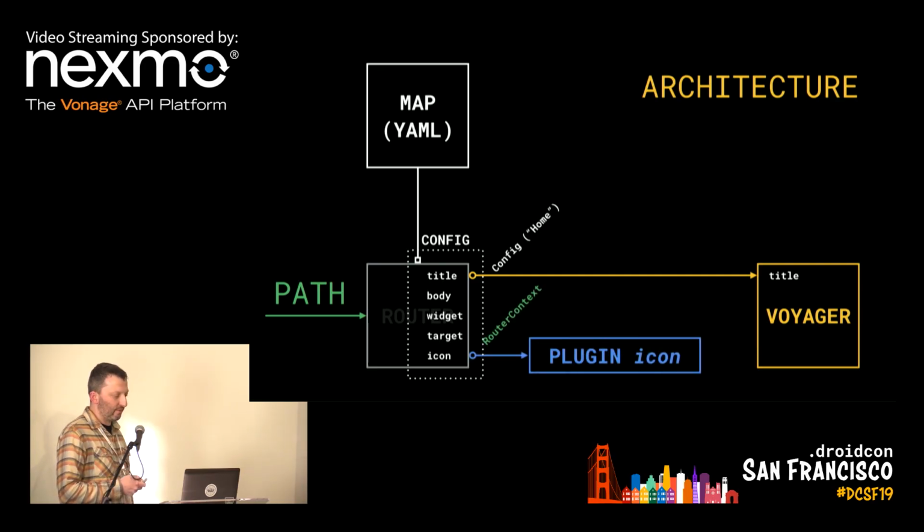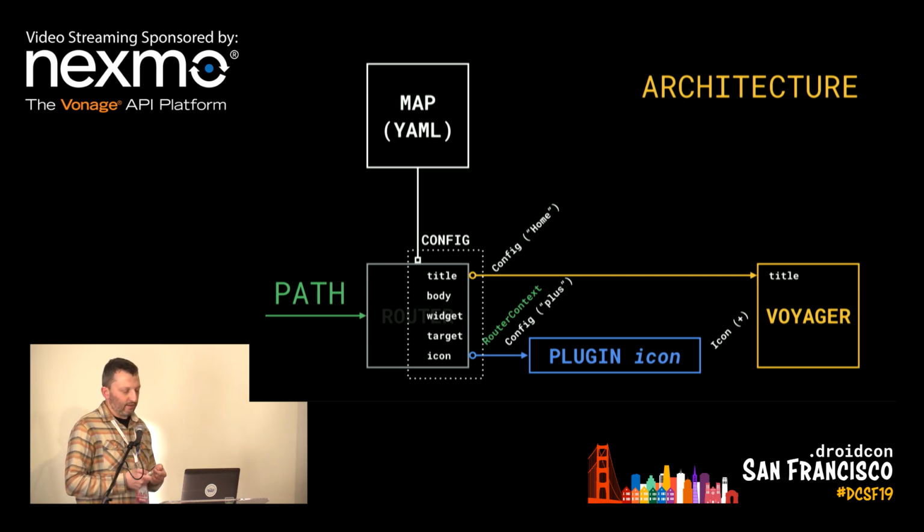If we had an icon saying plus, we want to turn it into something better for us: a Flutter icon instance, which you can just embed in your widget space.